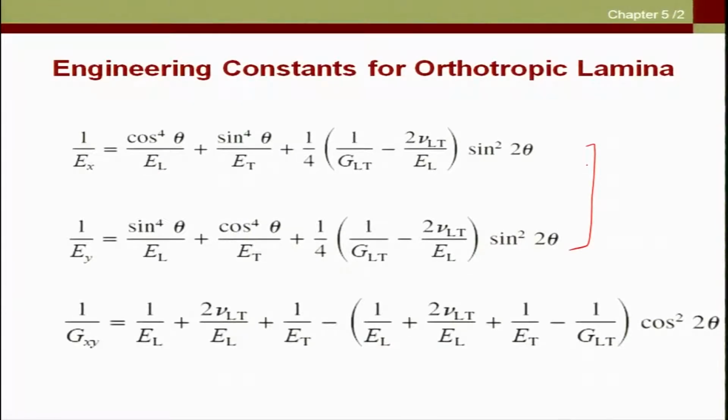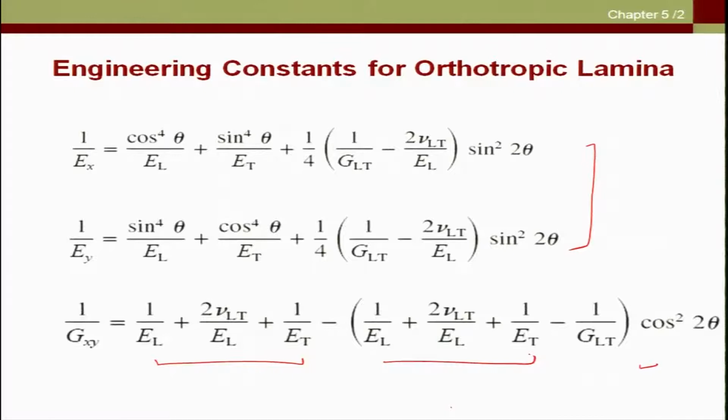These are two observations. Similarly, when theta equals 0, let us look at the third equation. When theta equals 0, then cosine square 2 theta becomes 1, and the terms outside the bracket and the first three terms inside the bracket cancel out each other, and essentially what that implies is that when theta equals 0, then Gxy is same as GLT.